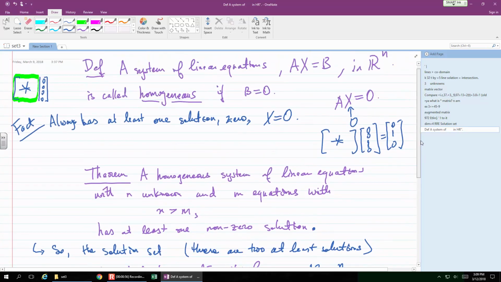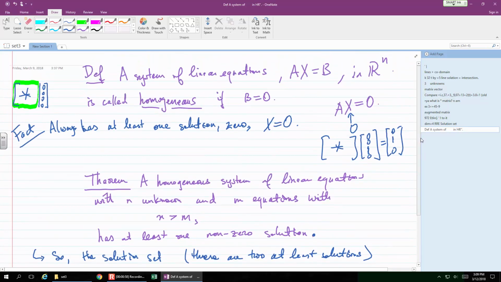Okay, so as I pointed out, it always has at least one solution, that is 0. This is the proof right here. So just multiply by the 0 column and you end up with a 0 column. So the 0 column for the input variable will produce the output 0 as well.